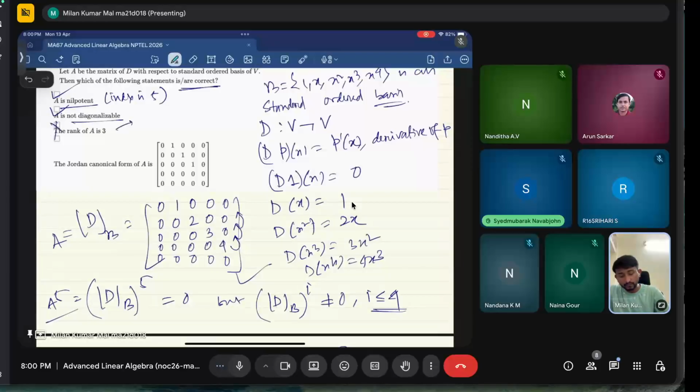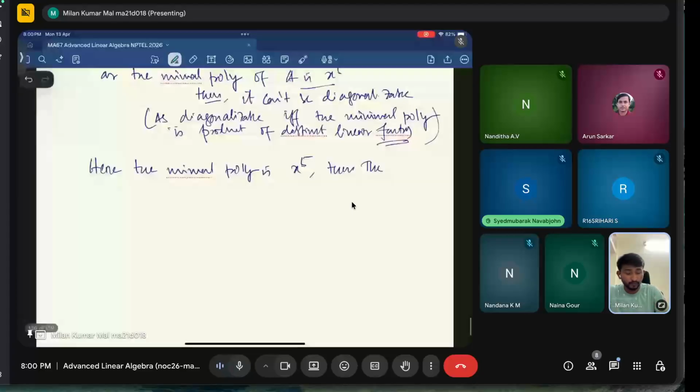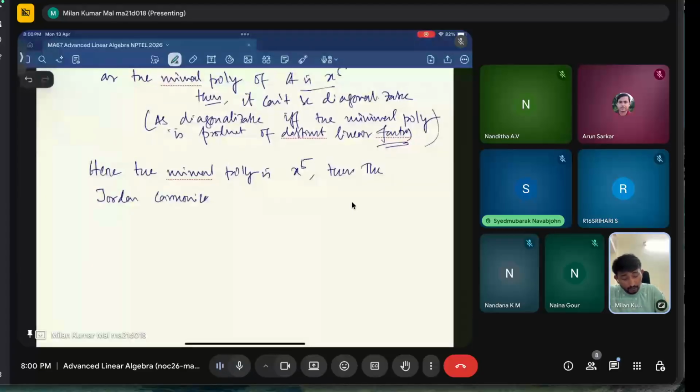The given Jordan canonical form for this matrix is also not true, because the minimal polynomial is x to the power 5, so the Jordan canonical form should have at least one block of order 5 by 5, that is J5 of 0, which is 0 1 0 0 0, 0 0 1 0 0.